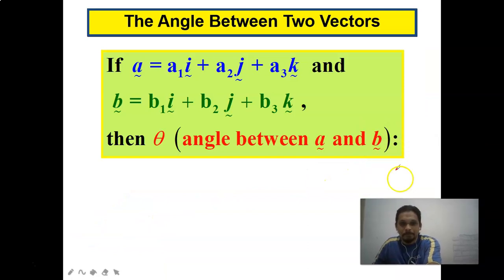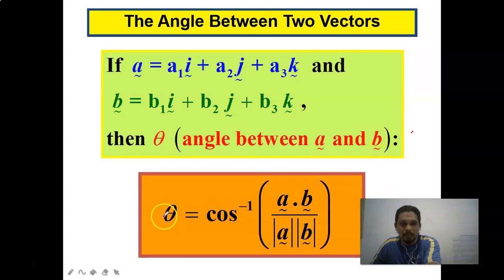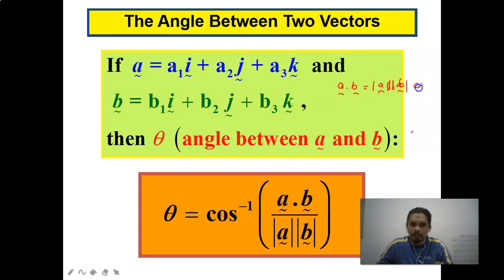So then, A dot B equals modulus of A and modulus of B, it will be like this: vector A dot vector B equals modulus of A and modulus of B, between these two, cos theta.